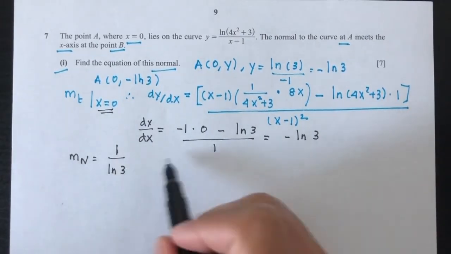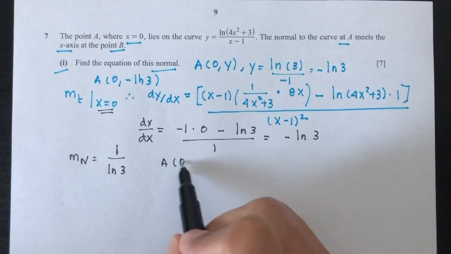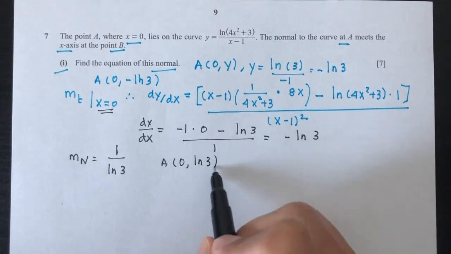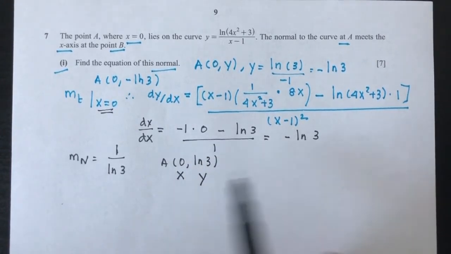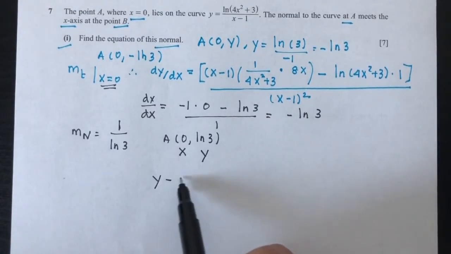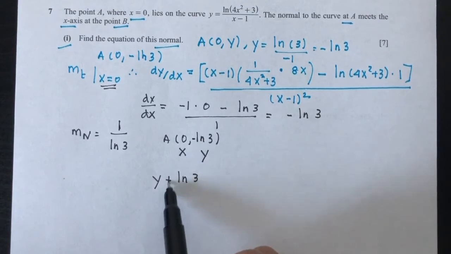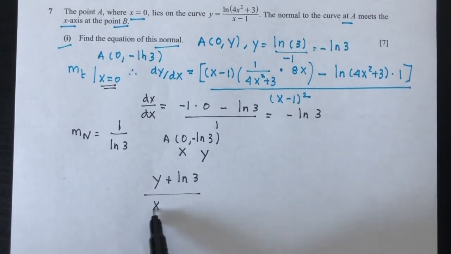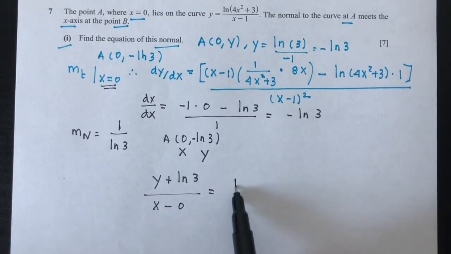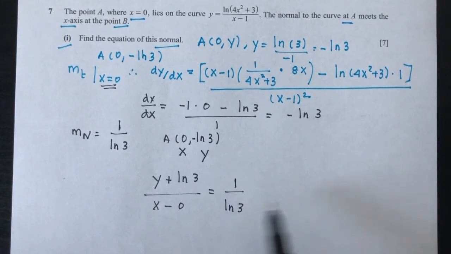Now using the gradient and using the point A, as we have seen, we can find the equation of the normal. So we have y minus minus ln 3, so plus ln 3, divided by x minus 0 is equal to 1 over ln 3.